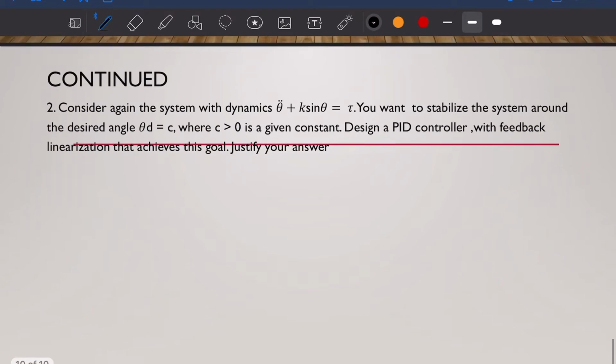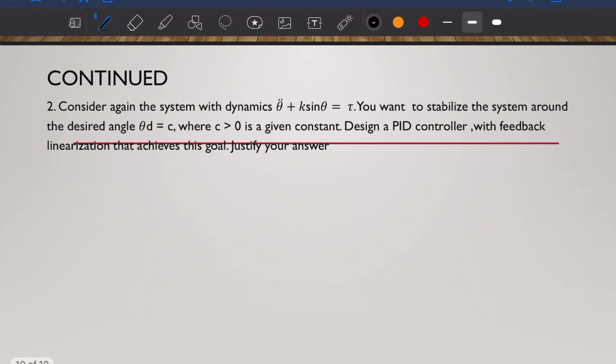And we go to the next problem, and right now we're going to deal with a PID controller. We have a theta d equals to c, where c is larger than 0. It's a given constant. We're using our old system that we already had, and we're also using feedback linearization to achieve the goal.